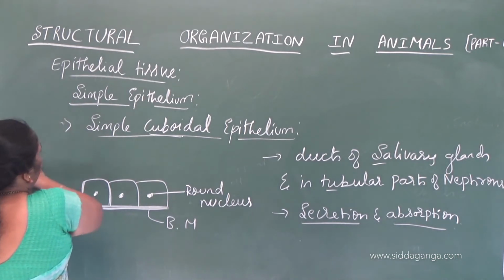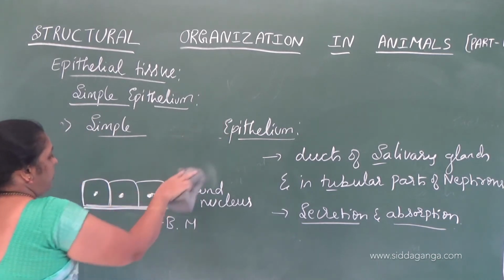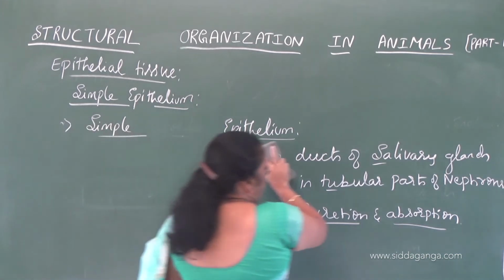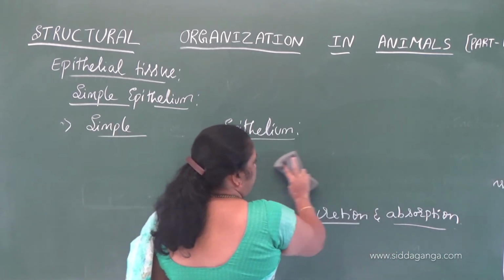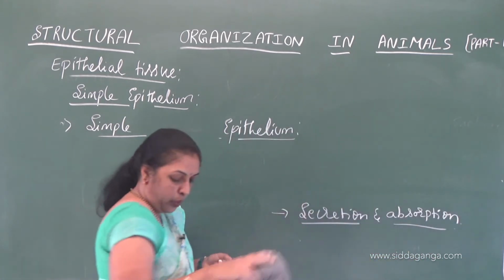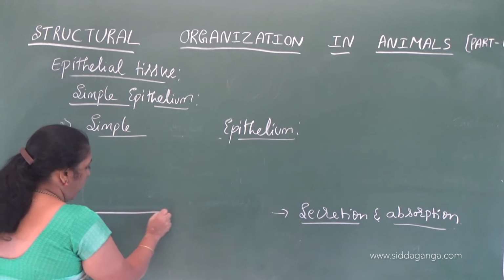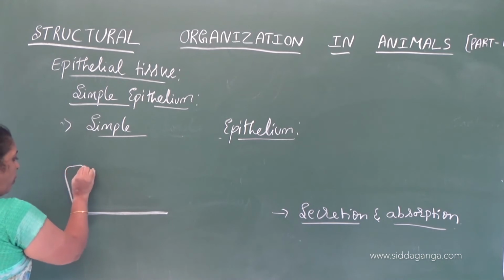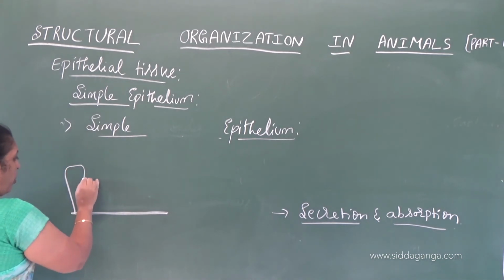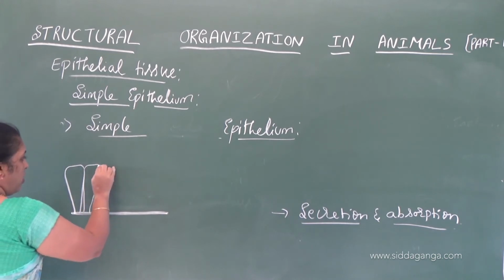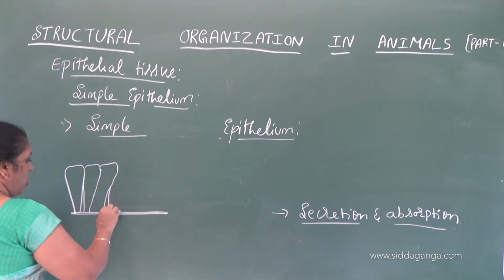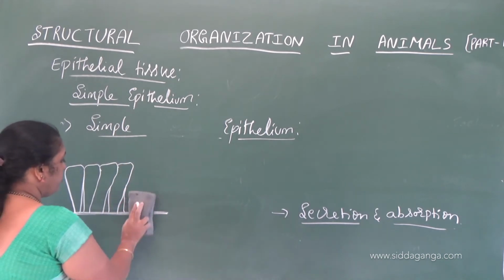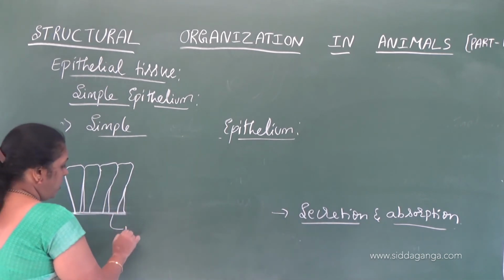Then we will move on to simple columnar epithelium. As the name itself tells, the cells are column-like. This is the basement membrane.